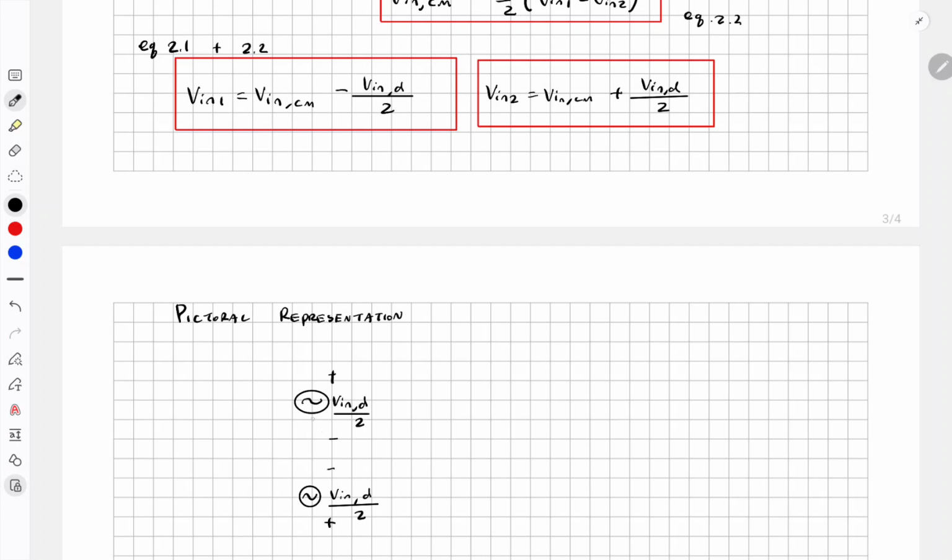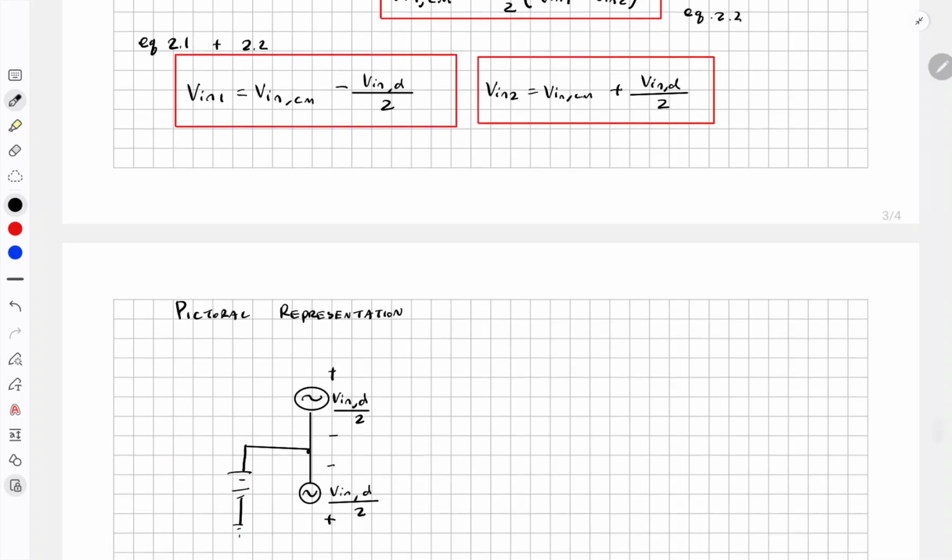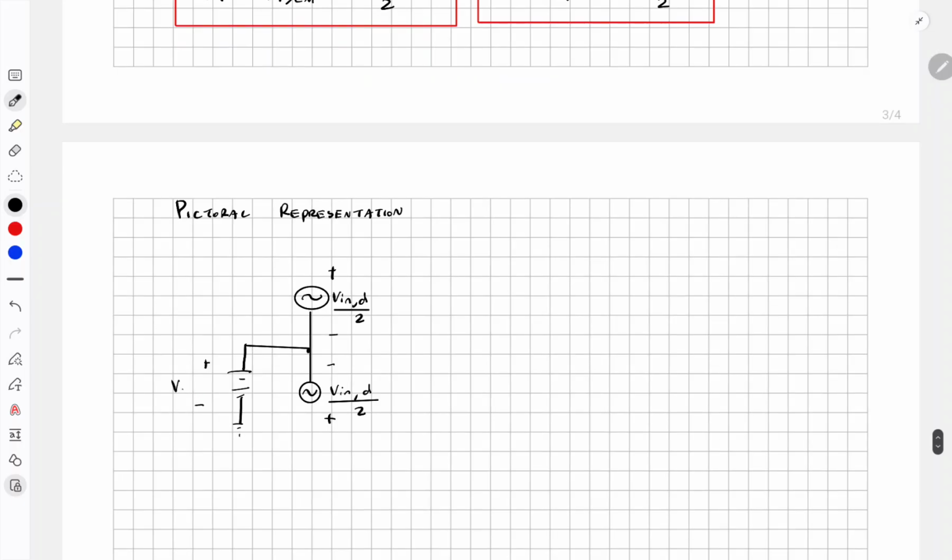And then let's put a DC source, and this is V in common mode. Then we can draw V in 1 at the top, and V in 2 at the bottom.